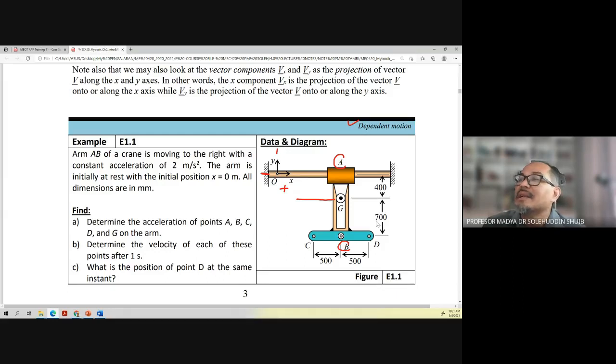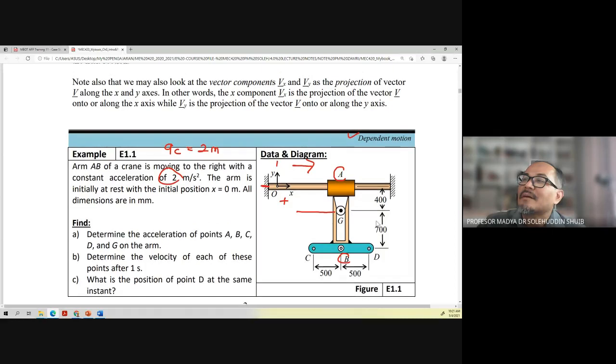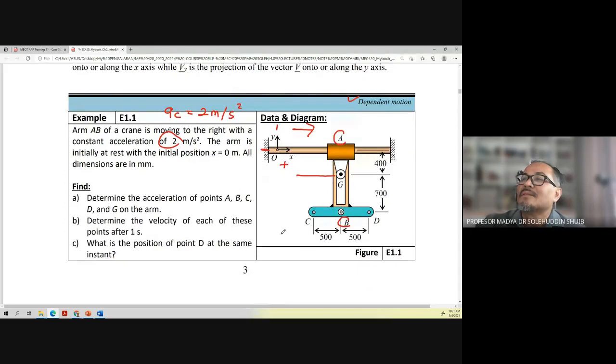This arm is initially at rest, okay, with initial position x equal to 0. So these are the information given. So the crane arm is moving to the right with constant acceleration. So constant acceleration given here is 2 meter per second square. Okay. So it is initially at rest at position 0 and then it moves to the right.